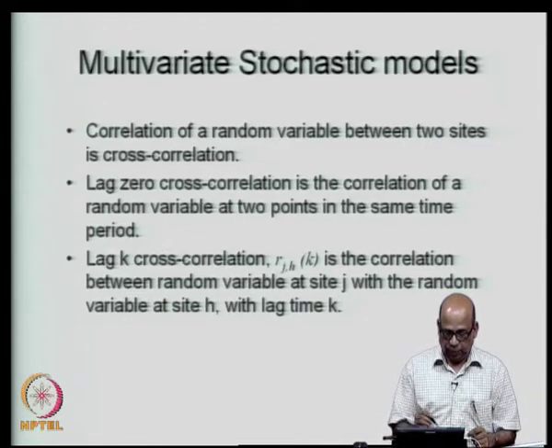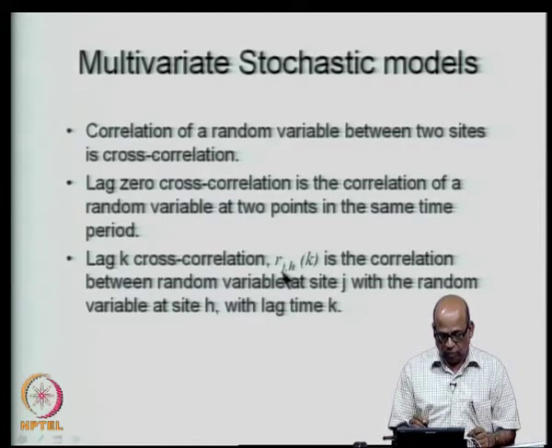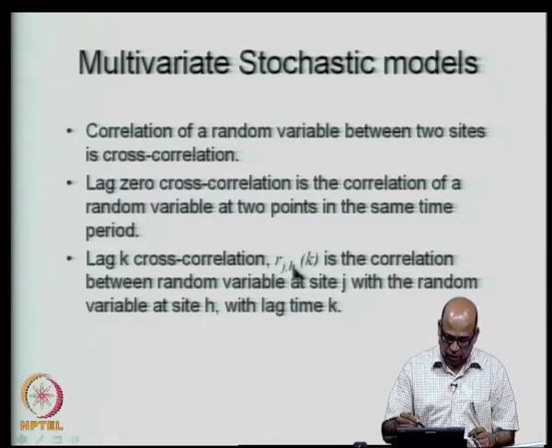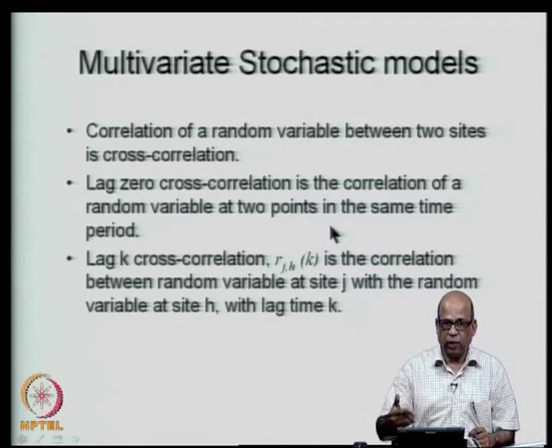Then lag k cross correlation, which is denoted as R J H k. J is the station, H is the station. So, we are talking about flow in site j and flow in site h, and k is the lag, it is a time lag.